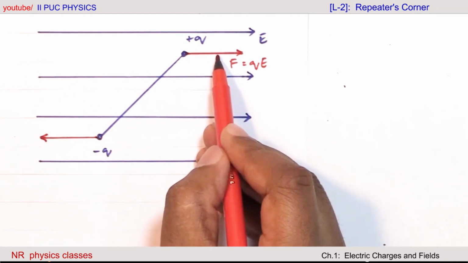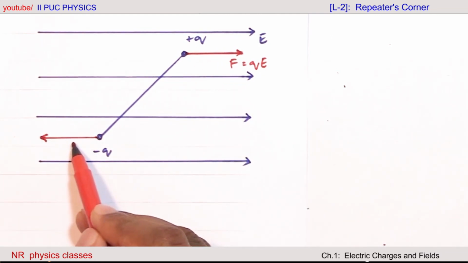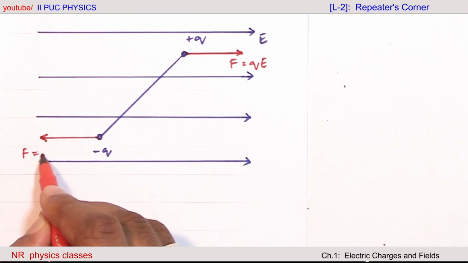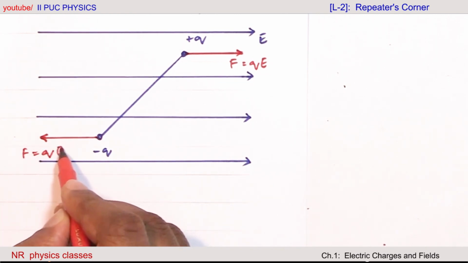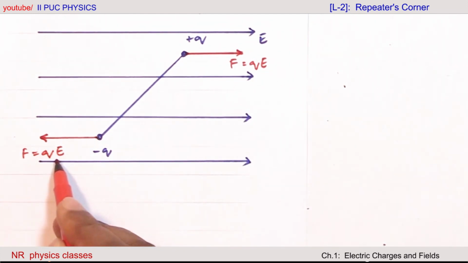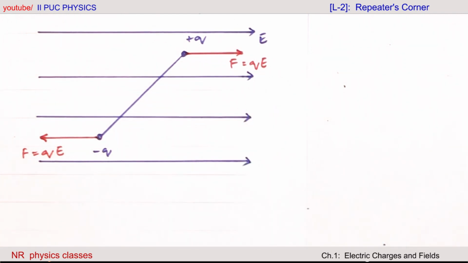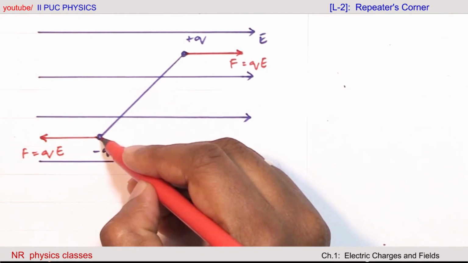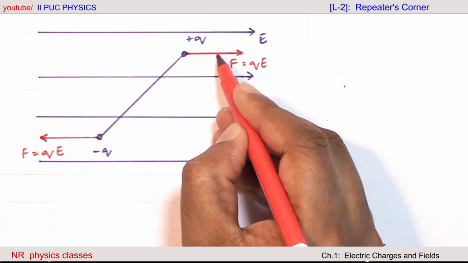Make sure that length of this equal to length of this, means these two forces are equal and opposite, not acting on the same line. QE, QE, because I am just writing the magnitude. To find out torque, shortest distance between these two forces matters.